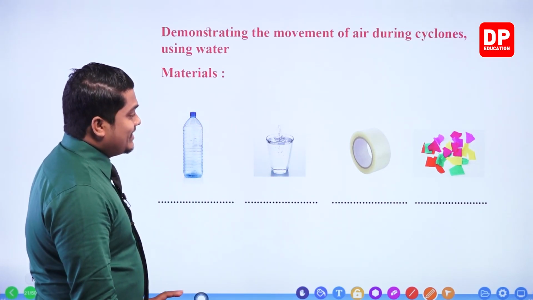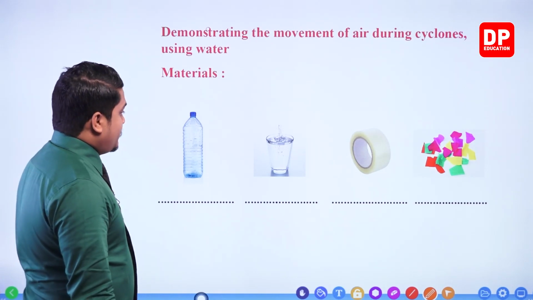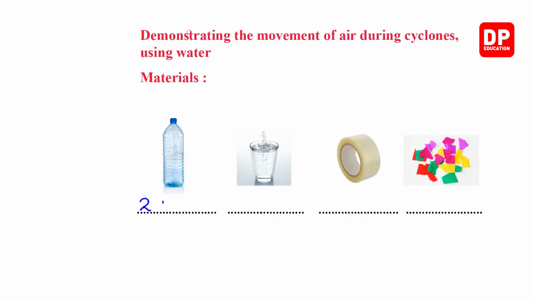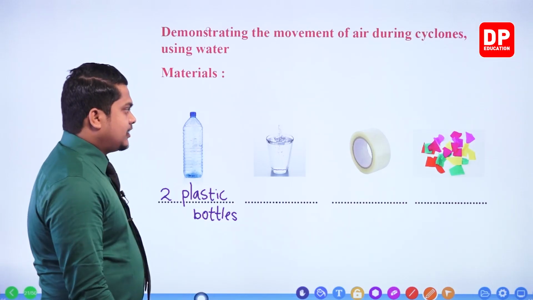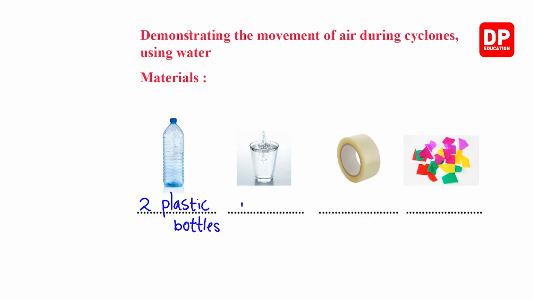First of all, you'll be needing two plastic bottles, then some water, then tape, sellotape, or gum tape or any other tape, and then pieces of paper.